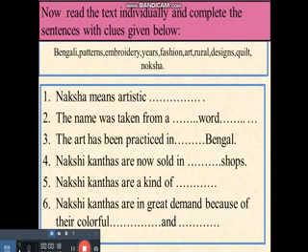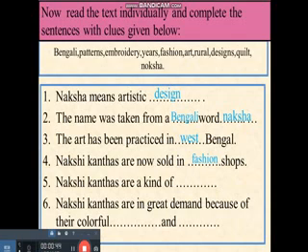The first one, design. Naksha means design. The name was taken from a Bengali word, Naksha. The art has been practiced in West Bengal. Nakshi Kanthas are now sold in fashion shops.